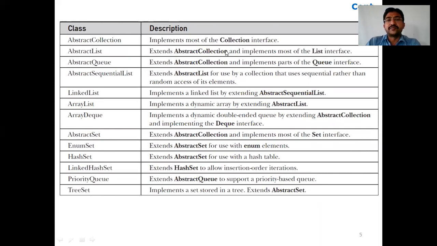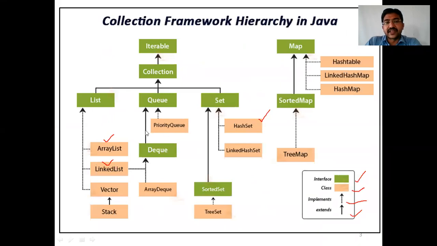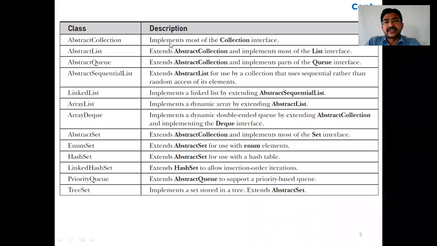All of them have their own uses. Which are classes and which are interfaces can be told by the arrow mark. A dotted arrow means implements. A solid arrow means extends, meaning it is inheriting.